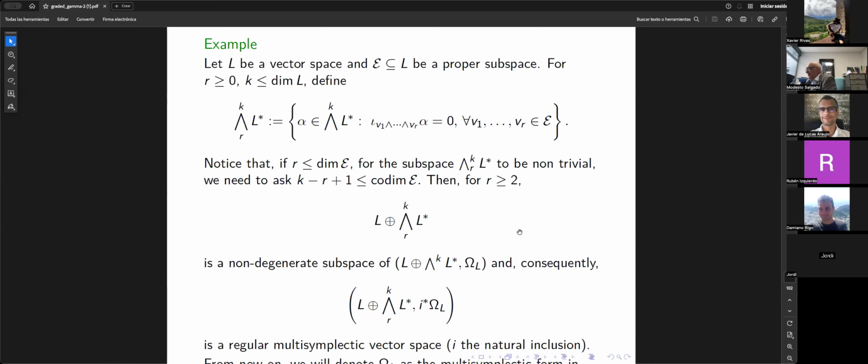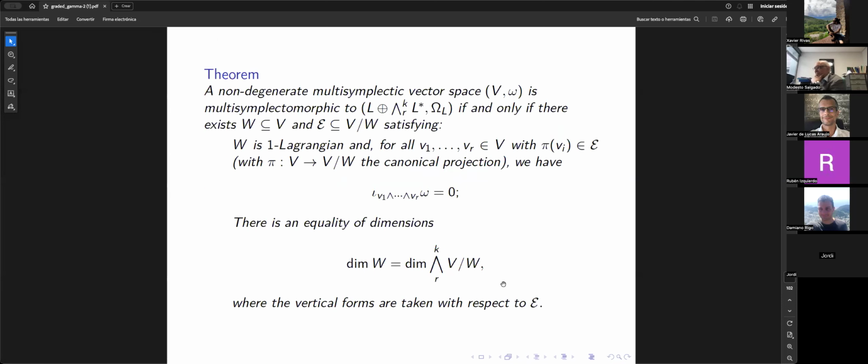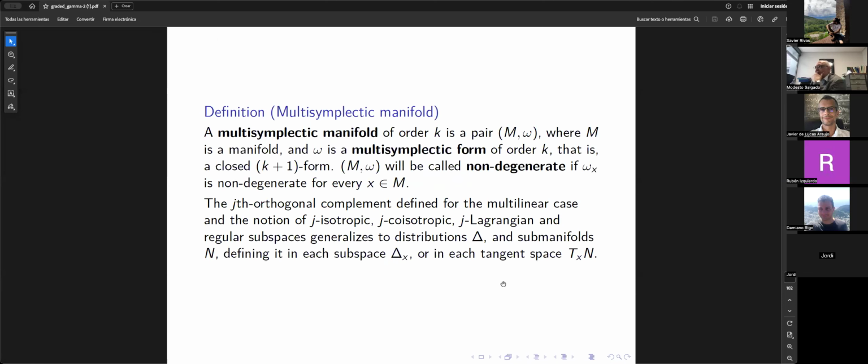And any symplectic vector space is symplectomorphic to this model. We have more or less the same in the case of multisymplectic forms. I will skip this because it's too technical. And of course, we have the notion of multisymplectic manifold, and we will consider only a manifold equipped with a closed k plus 1 form, nothing else.